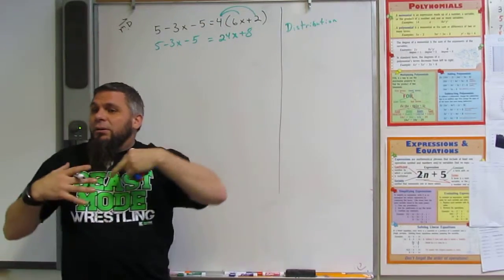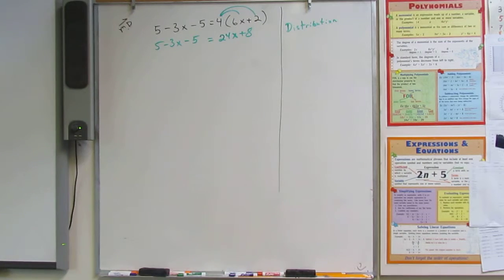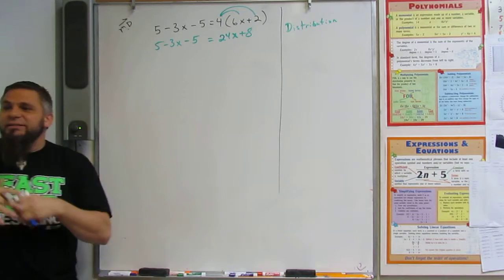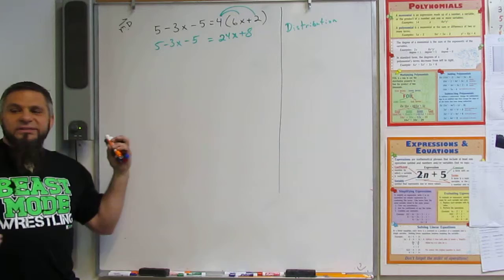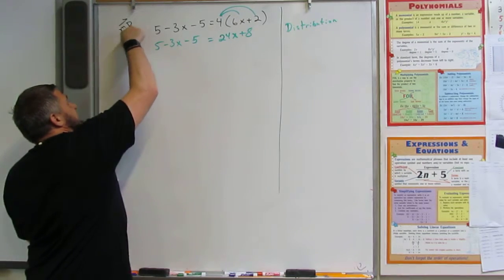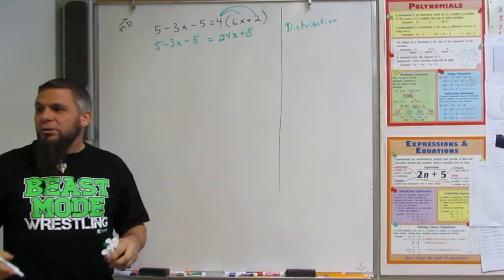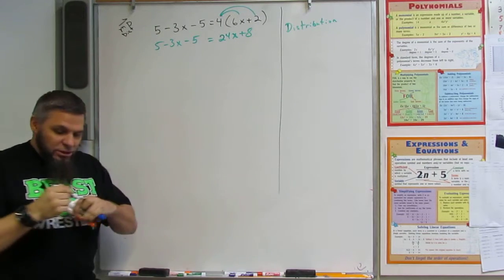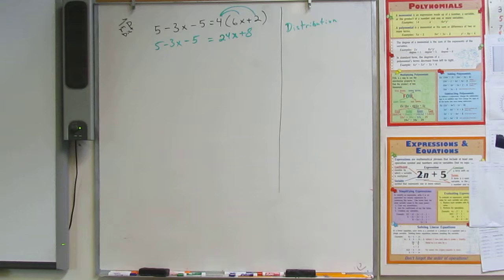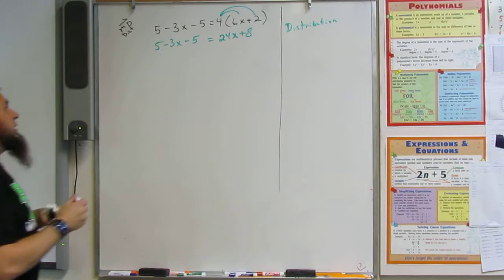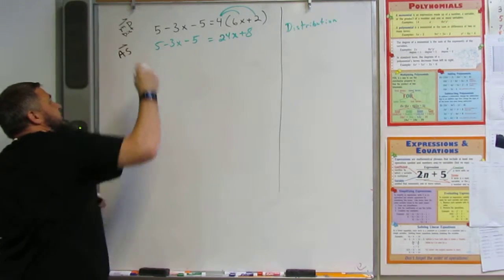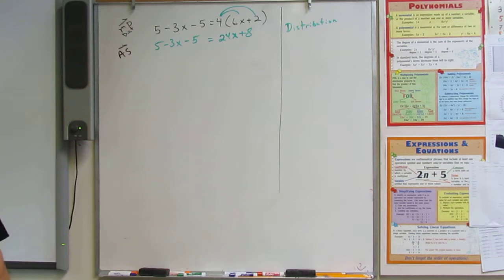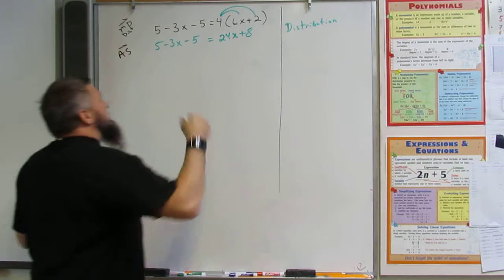Multiplication and division from left to right is a type of simplification. But we decided that multiplication and division from left to right, we're going to call distribution every time. So that when we do addition and subtraction from left to right, in geometry, we're going to call that simplification.